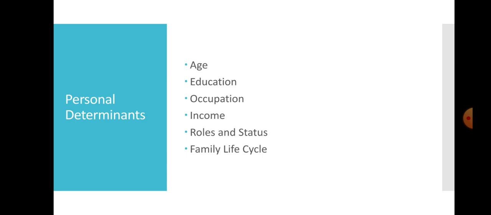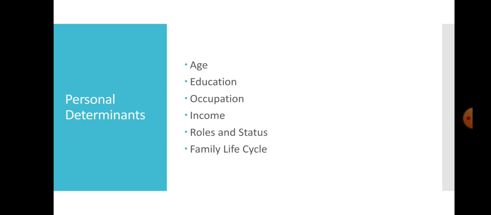Next variable in this category is occupation. Occupation of a person decides his consumption pattern. Normally, a person purchases goods that fit his occupation. His needs will greatly depend on his work.